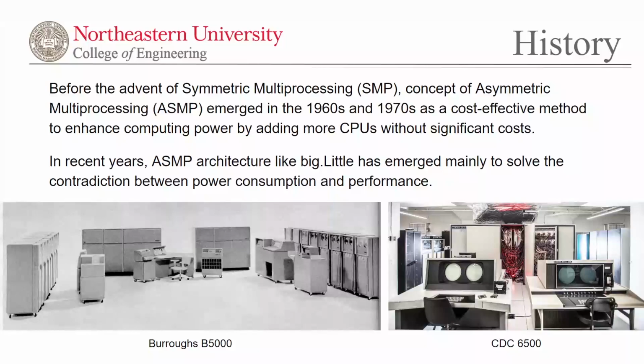So back in the 1960s and 1970s, the concept of asymmetric multiprocessing, ASMP, emerged as a cost-effective way to increase computing power by adding more CPUs without incurring significant costs. This type of architecture predates the advent of symmetric multiprocessing (SMP).